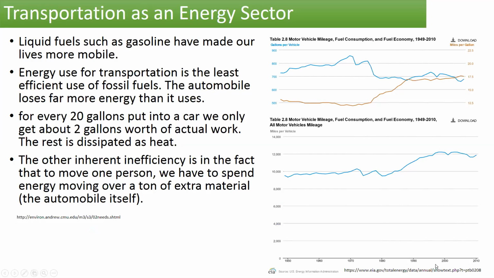For example, for every 20 gallons that we put in a car, we only get about 2 gallons worth of actual work. Okay? The rest dissipates as heat. So it's so inefficient. Although over time we can see that vehicles have been getting better efficiencies, the whole thing of using gasoline in those vehicles is so inefficient.